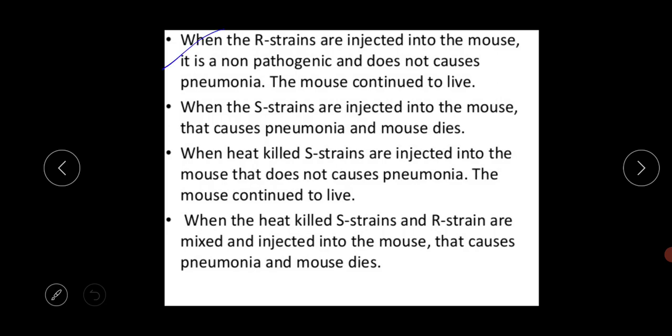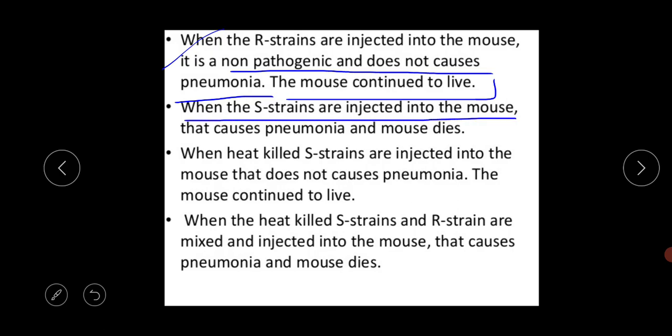I have written also that when R strains are injected into the mouse, it is non-pathogenic and does not cause pneumonia. The mouse continued to live. Next, when S strains are injected into the mouse, it causes pneumonia and the mouse dies. This is case study 2.